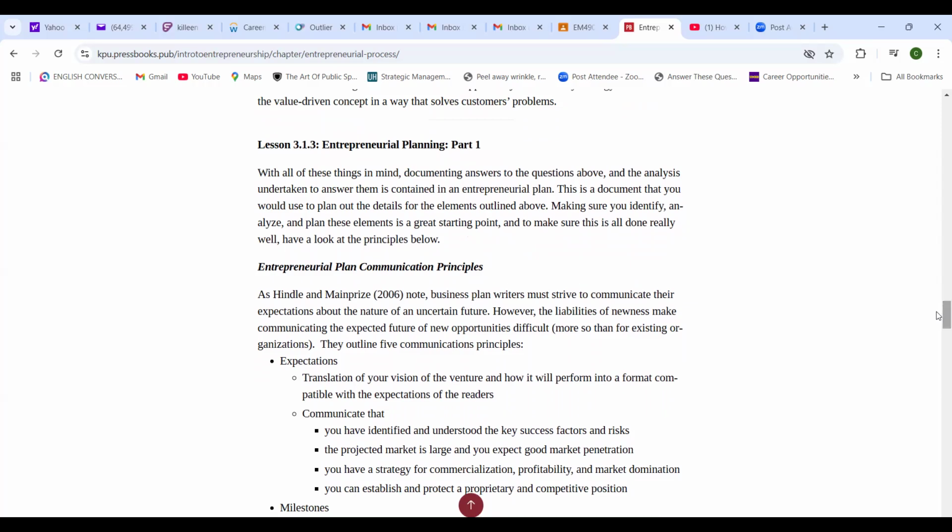So existing organizations, they outlined 5 communication principles. You have expectations, translation of your vision, your venture, and how it will perform into a format compatible with expectations.